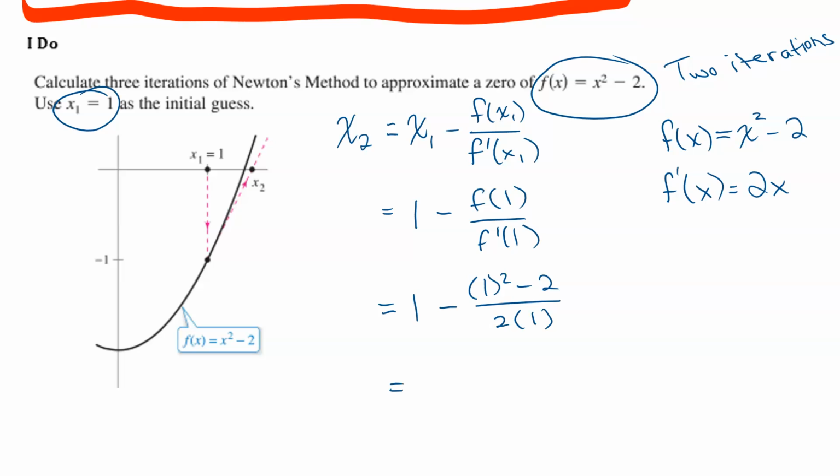So my numerator here is going to be negative 1, my denominator is 2, so I've got 1 plus a half, or 3 halves, as my second estimate.